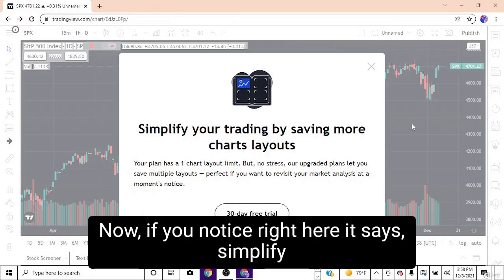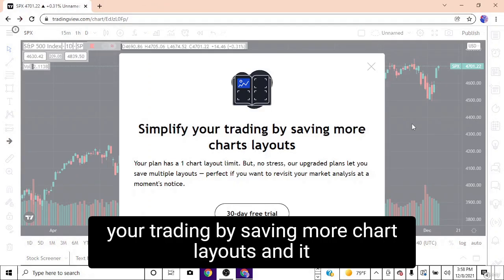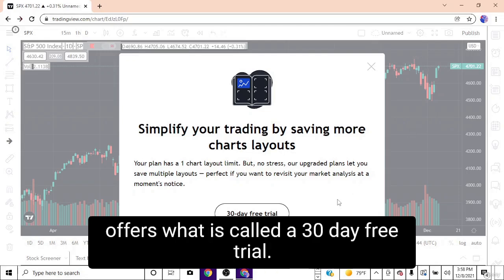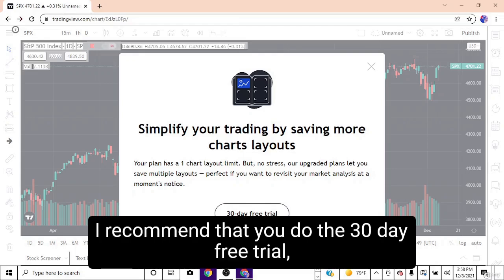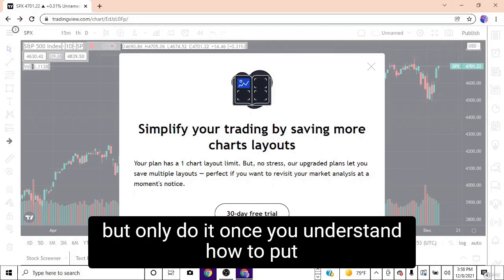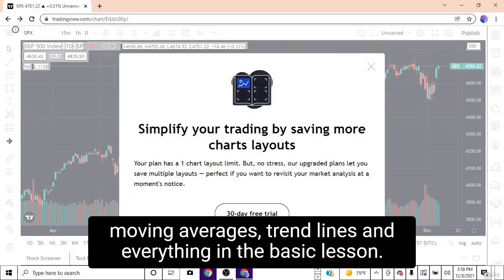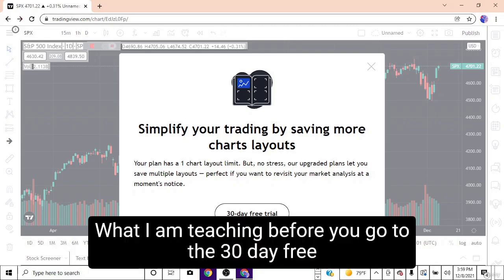Now if you notice right here, it says simplify your trading by saving more chart layouts, and it offers what is called a 30-day free trial. I recommend that you do the 30-day free trial, but only do it once you understand how to put moving averages, trend lines, and everything in the basic lesson with what I am teaching.